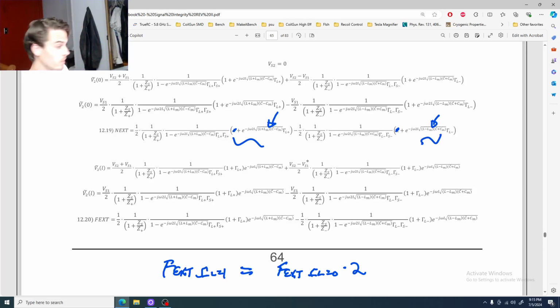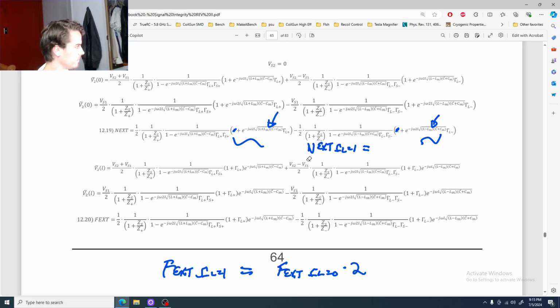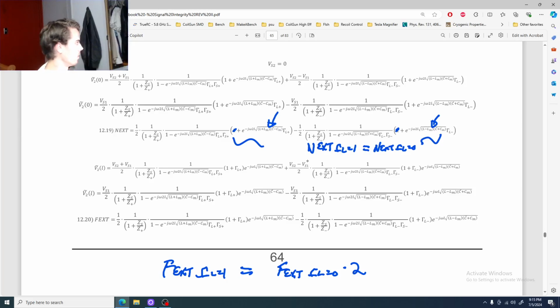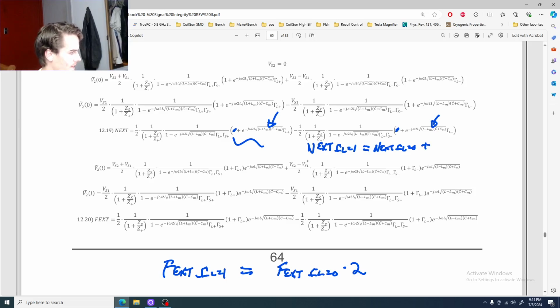So what this says is that the near end crosstalk for a load reflection coefficient of 1 is equal to the near end crosstalk whenever the load reflection coefficient is 0, and we're going to add the far end crosstalk whenever the load reflection coefficient is 0.